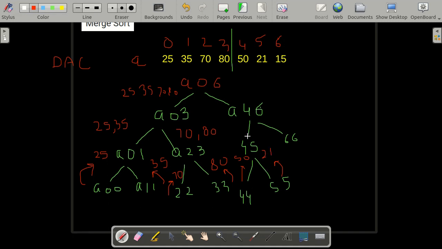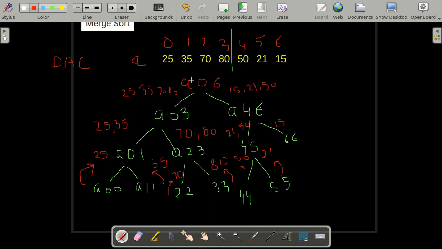Now we'll apply the merge algorithm and we'll return 21 and 50. Similarly 6,6 will return 15, and after applying the merge algorithm on A 4,6 we'll get 15, 21 and 50.